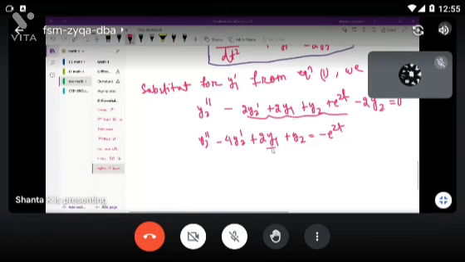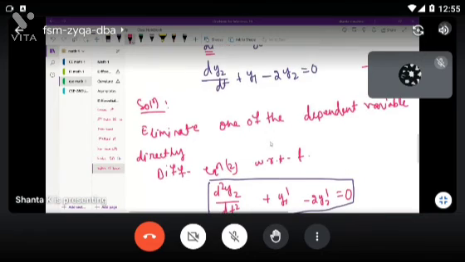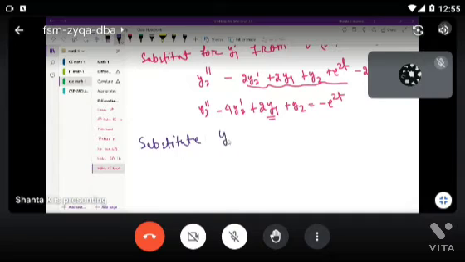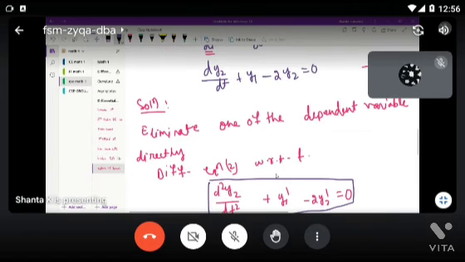You see we have one y1 term. If you look at this and substitute here, we have only the y2 term left. So now substitute y1 from equation 2. You see now what you are getting: y2 double dash minus 4y2 dash, plus 2 times y1. What is y1?